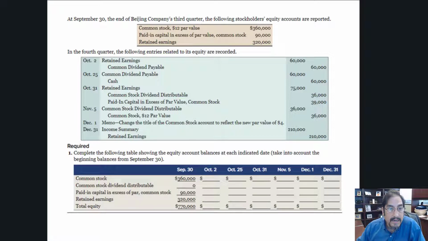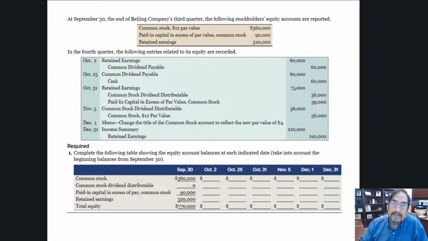And a memo, it's not a journal entry. We changed the par value. And then we moved revenue to income summary, expenses to income summary, and then income summary to retained earnings.